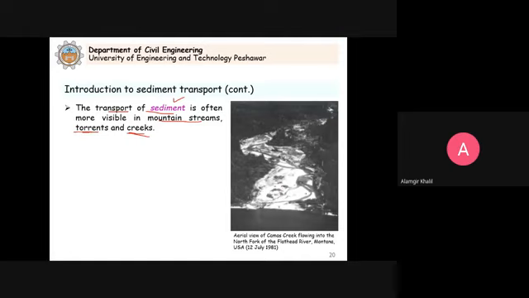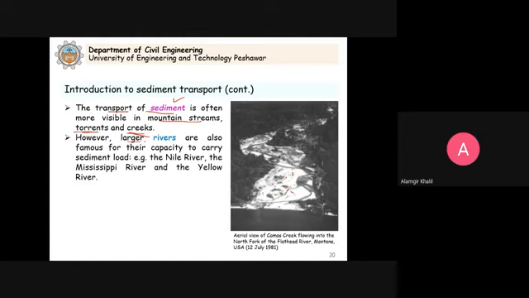You see the water flow, and you see how much sediment is carried from different areas and then deposited along the river. Whenever the velocity is reduced, the sediments get a chance to settle down, depending on the transporting power of the medium, the water in these rivers. So these are commonly visible in mountain streams, torrents, and creeks. Creeks are narrow passages.